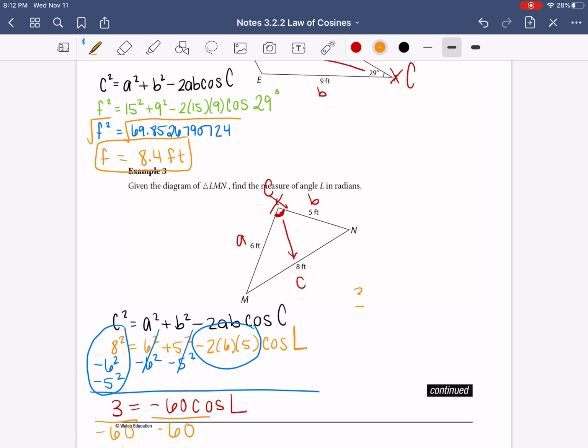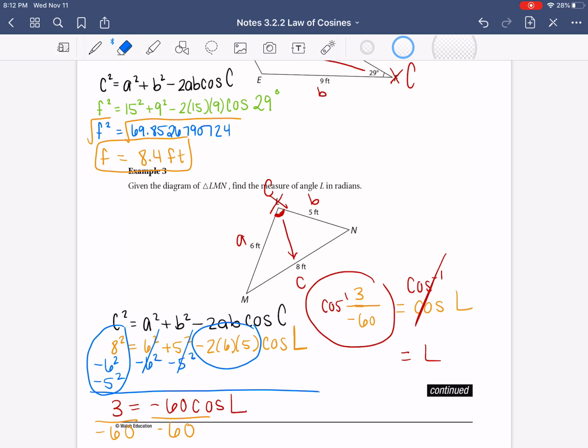I have 3 divided by negative 60 equals cosine of capital L. My goal is to find what L is. So to get rid of cosine, we take the inverse. So I take cosine inverse of both sides. It cancels, so I get L by itself.